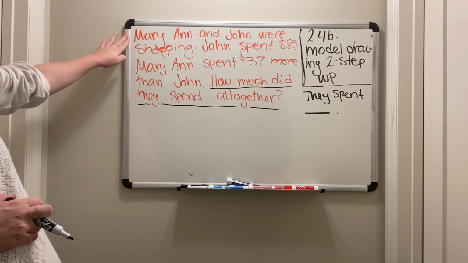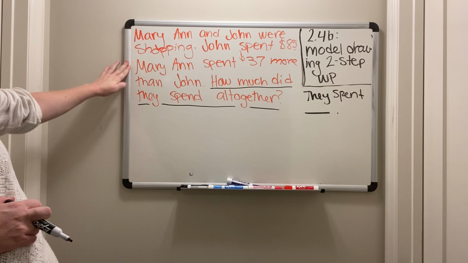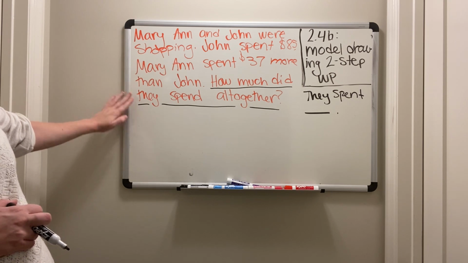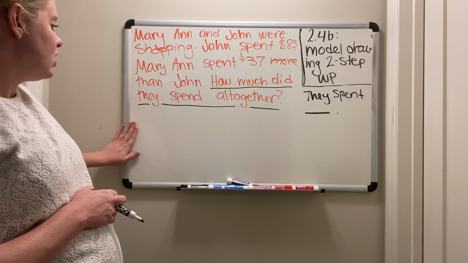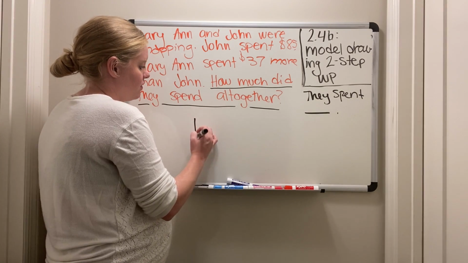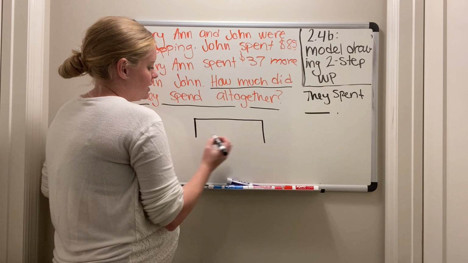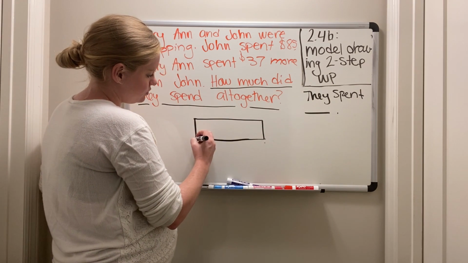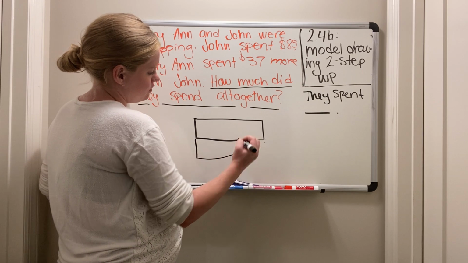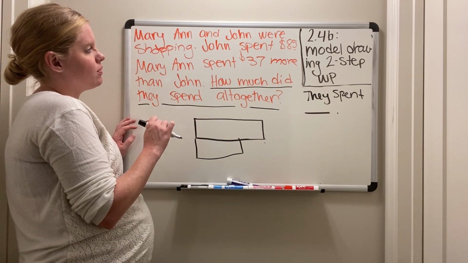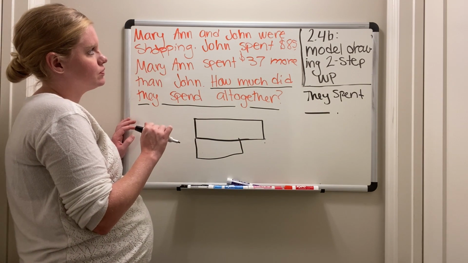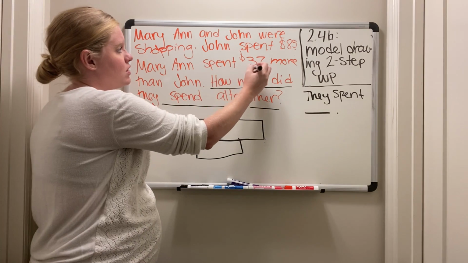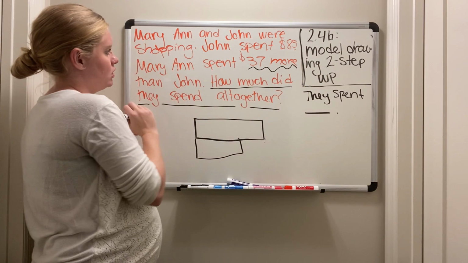Mary Ann and John were shopping. John spent $85. Mary Ann spent $37 more than John. How much did they spend all together? Now, scholars, if you're having trouble, I can try to help you model draw, okay? So who spent more, Mary Ann or John? John spent $85. Mary Ann spent $37 more than John.